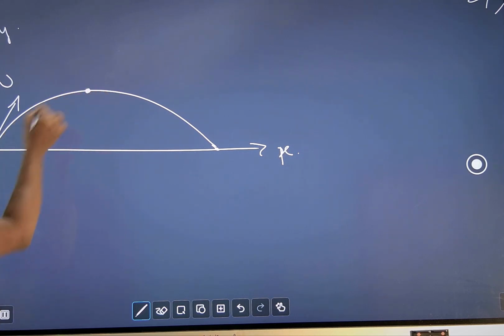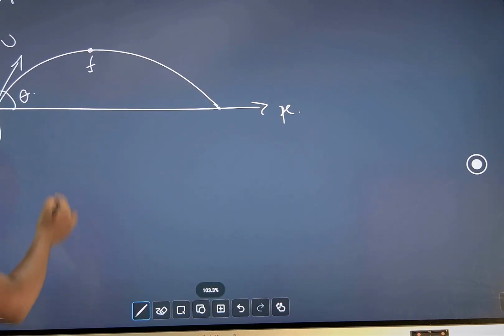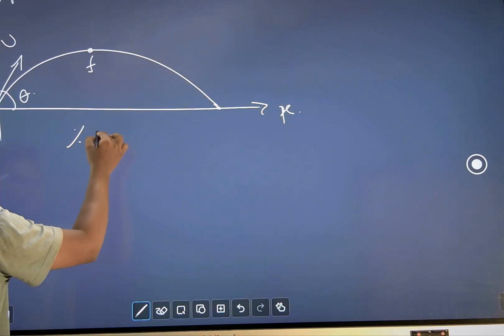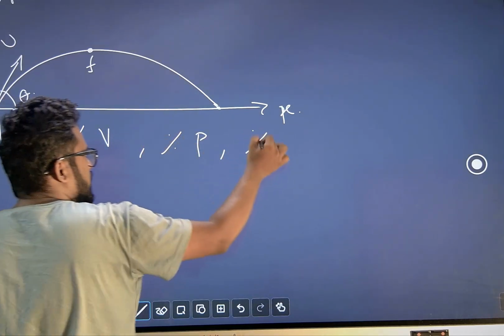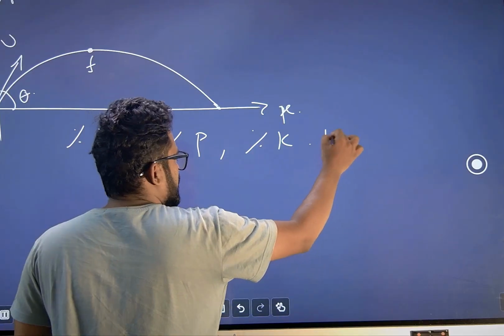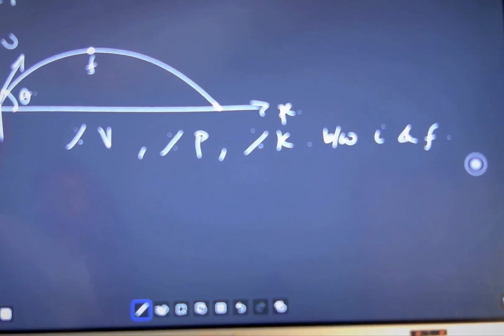This is the initial point, this is the final point. At angle theta we are throwing it. The question will be like: percentage change in velocity, percentage change in momentum, percentage change in kinetic energy between the initial and final point, between this one and this one.